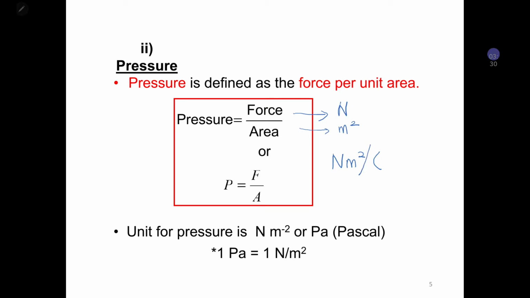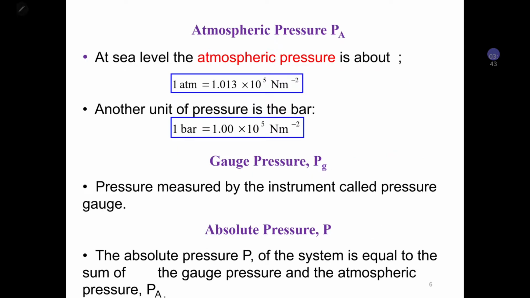Or you can also write the unit for pressure in terms of Pascal. So 1 Pascal is equal to 1 Newton per meter square.